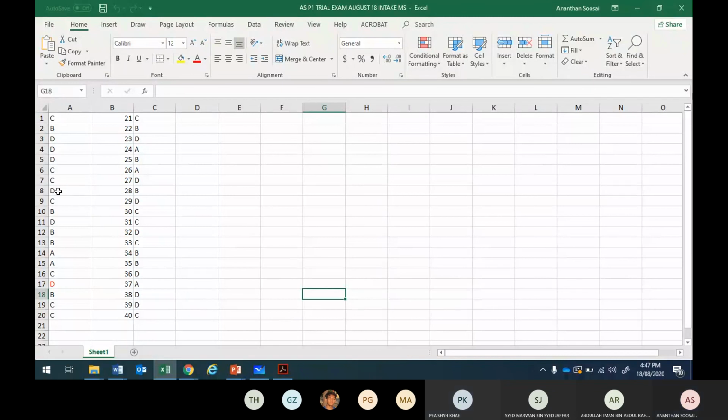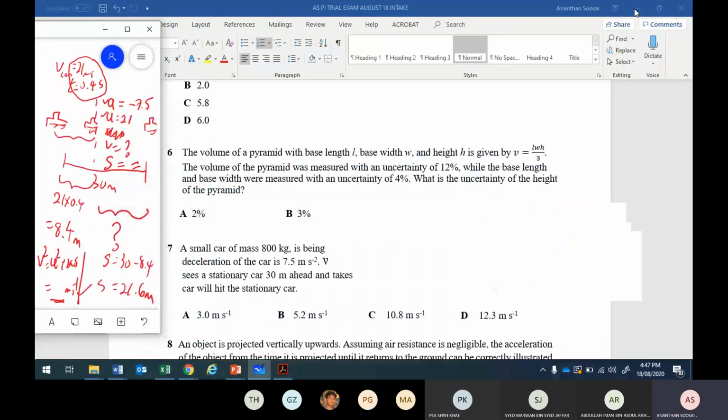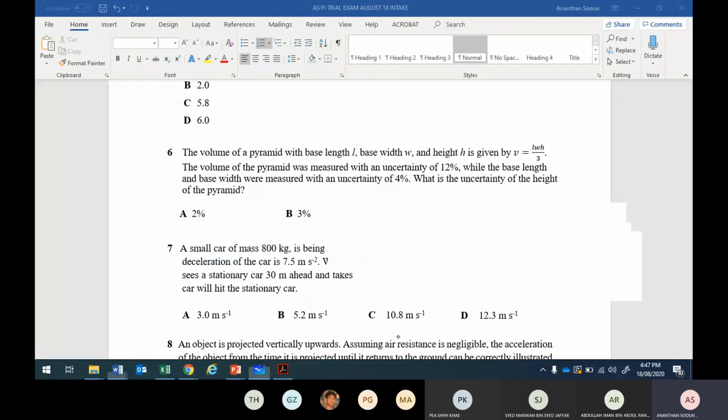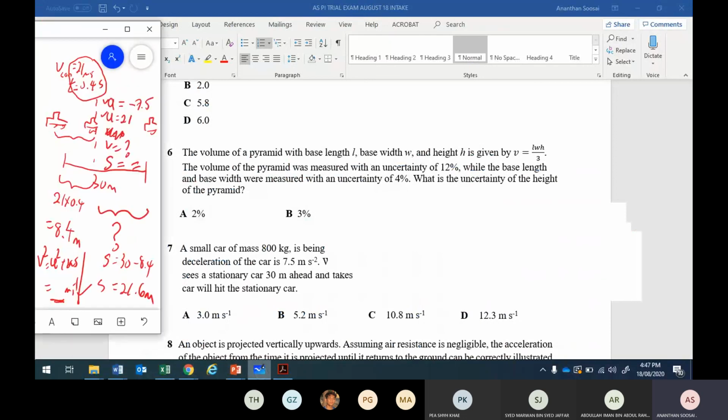Given is C, 10.8. It should be 10.8. You try with this method. Okay, so this is how it should be done.